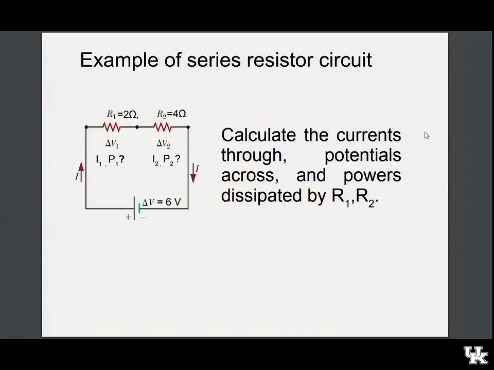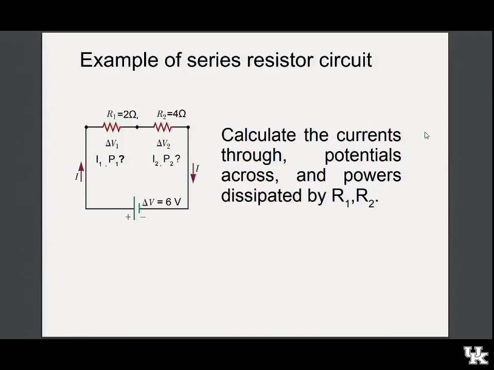It's connected to resistor R1, which is 2 ohms, then resistor R2, which is 4 ohms, and then a final wire back to the other terminal of the battery. So we've built a circuit with two resistors in series. The battery is providing 6 volts. R1 on the left is 2 ohms, and the resistor on the right is 4 ohms.